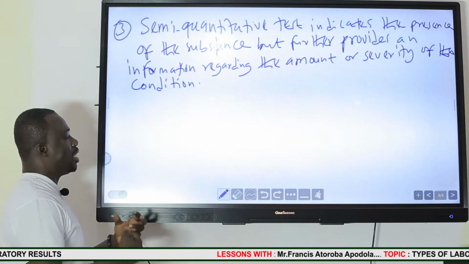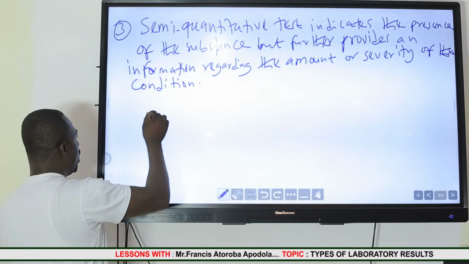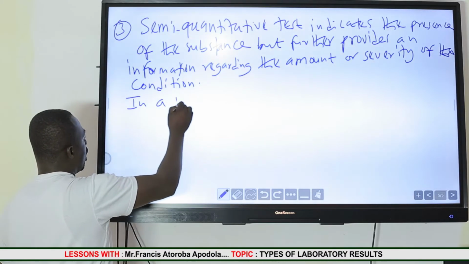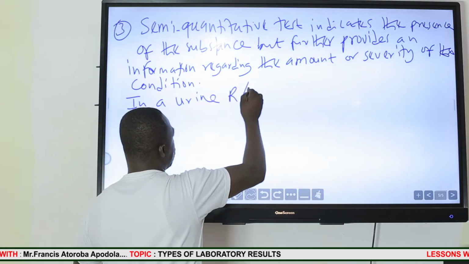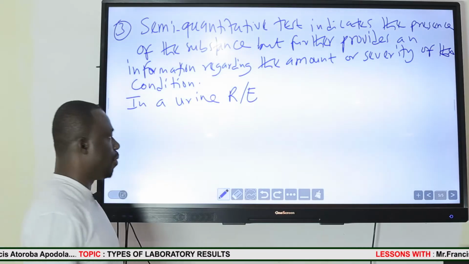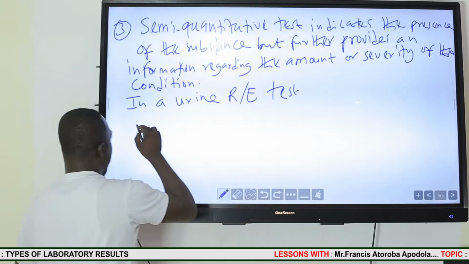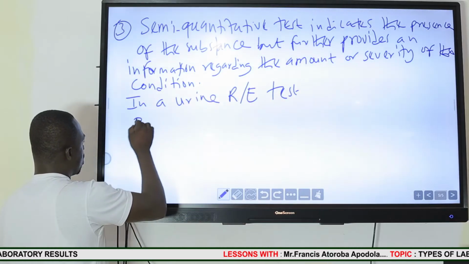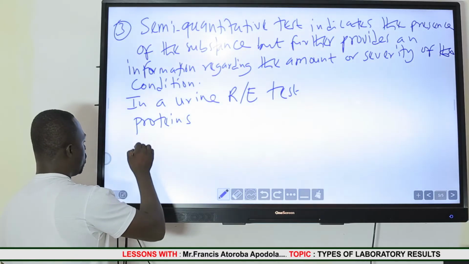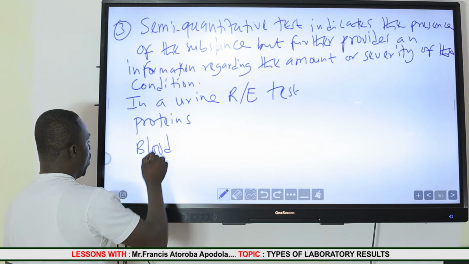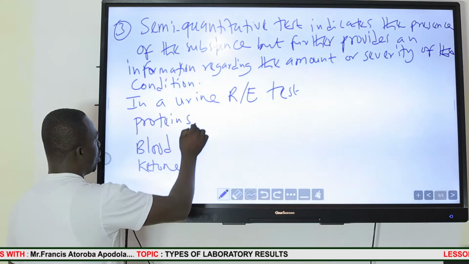So let me just illustrate a semi-quantitative result. For example, in a routine urine investigation, that is, a urinary test, we test for proteins, we test for blood, we test for ketones, just to mention a few.